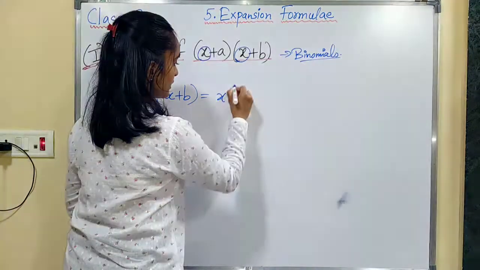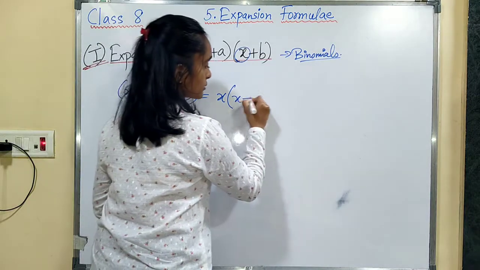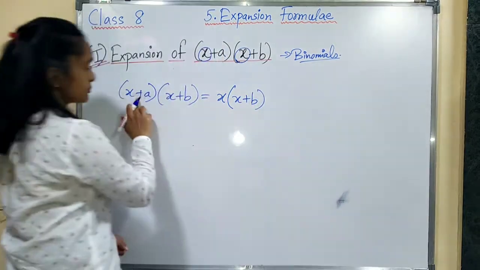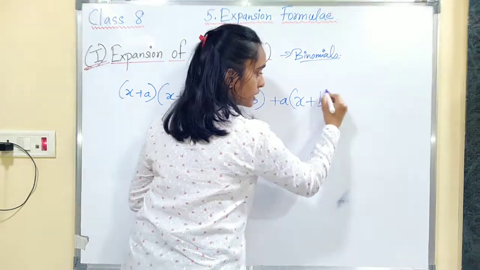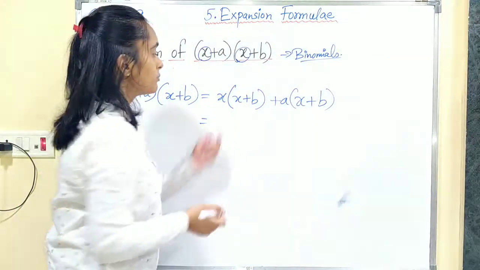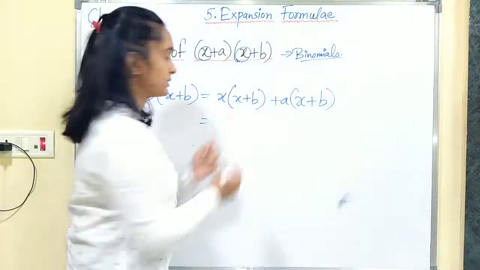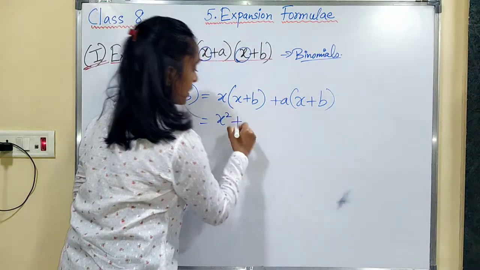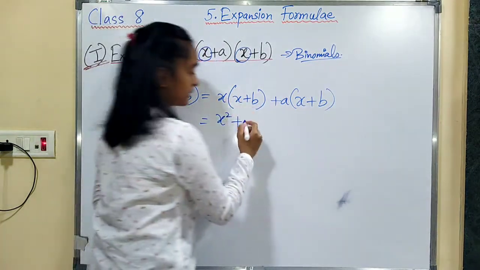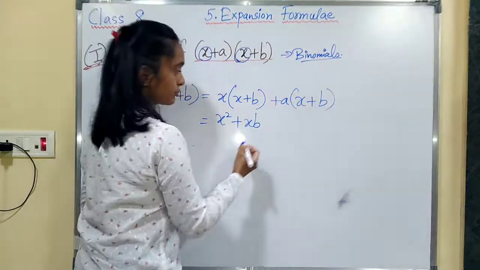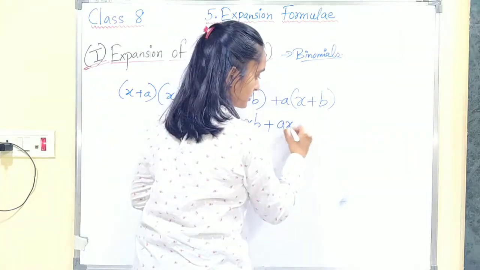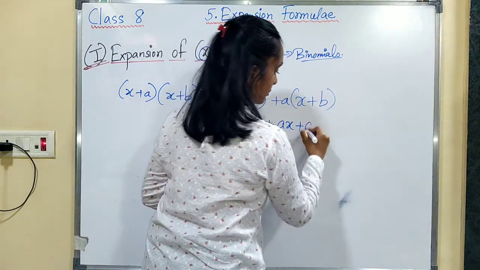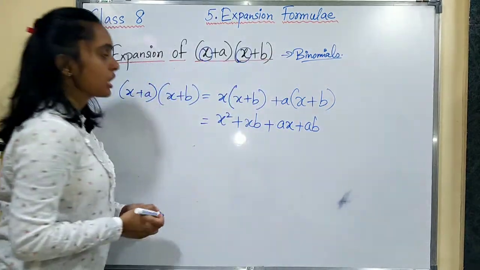So you will get x multiplied by x plus b, plus a multiplied by x plus b. Now we will multiply them. x multiplied by x is x square, plus x multiplied by b is xb, plus a multiplied by x is ax, plus a multiplied by b is ab.